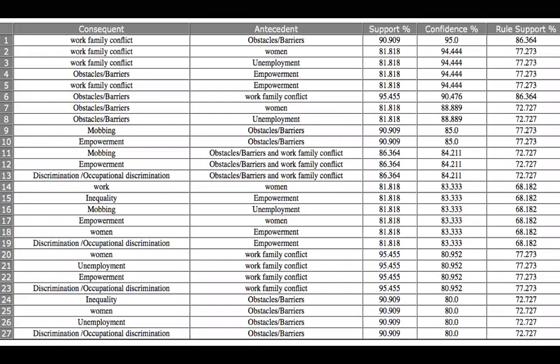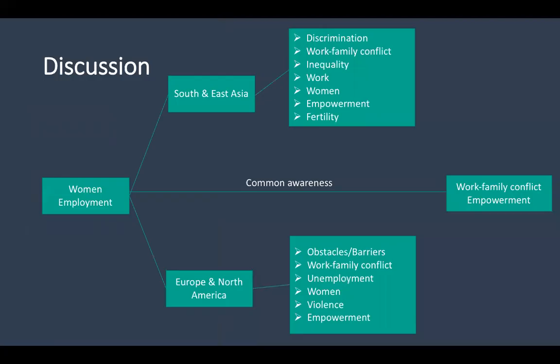If we would like to summarize our findings, we can say that the search term patterns regarding women's employment in these two regions are like this. In South and East Asia, discrimination, work-family conflict, inequality, work, women empowerment, and fertility are the most searched and most associated keywords, while obstacles, work-family conflict, unemployment, women, violence, and empowerment are the other most searched and associated terms in the Europe and North America region.